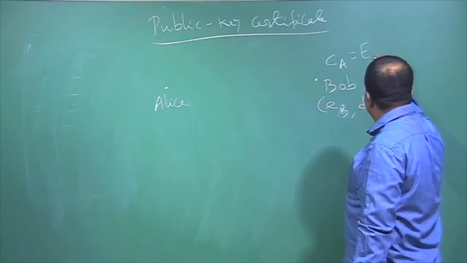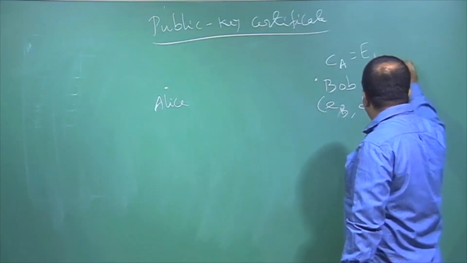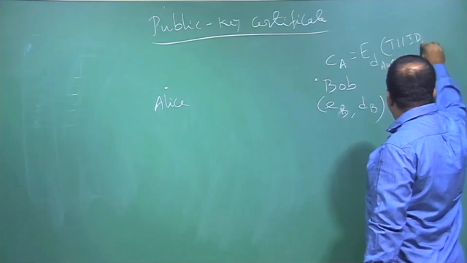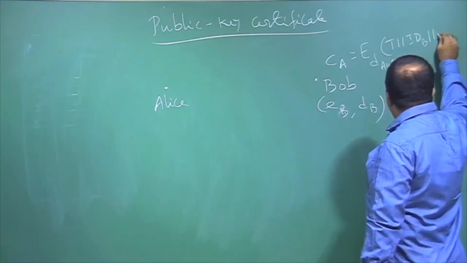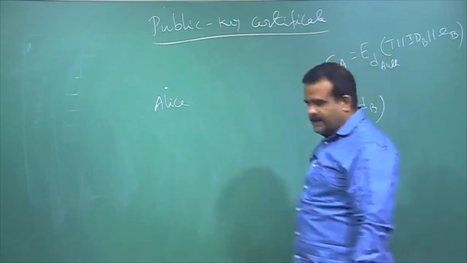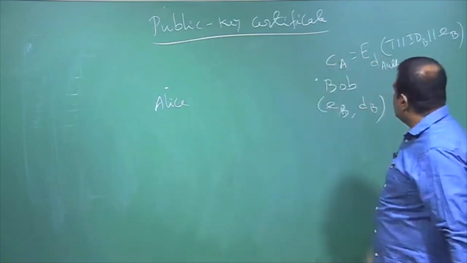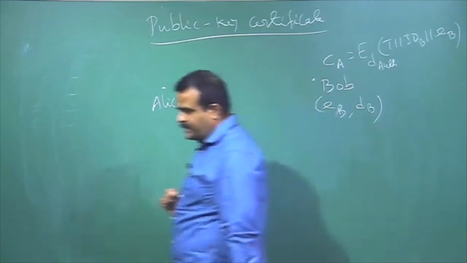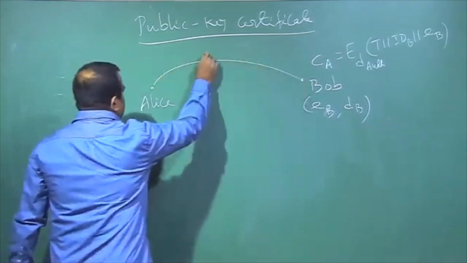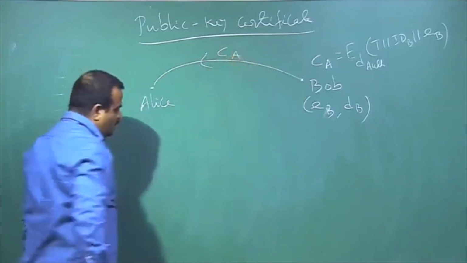This is the digital signature D of auth on a timestamp, ID of Bob and the public key of Bob. Now Alice wants to send a message to Bob, so Alice asks Bob for his certificate. Bob will send this certificate to Alice.